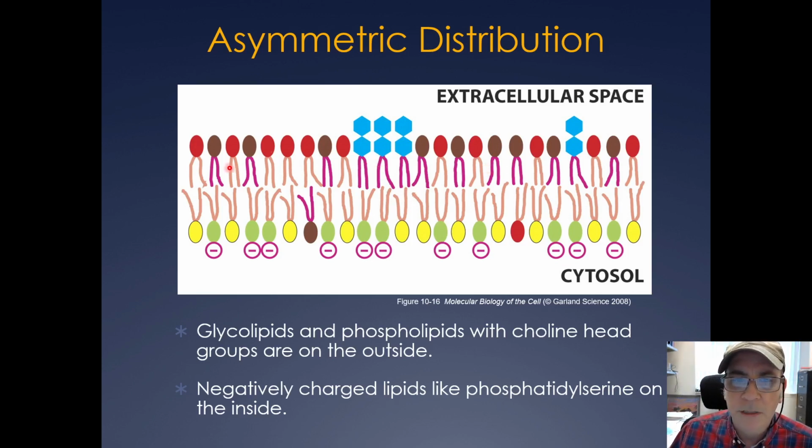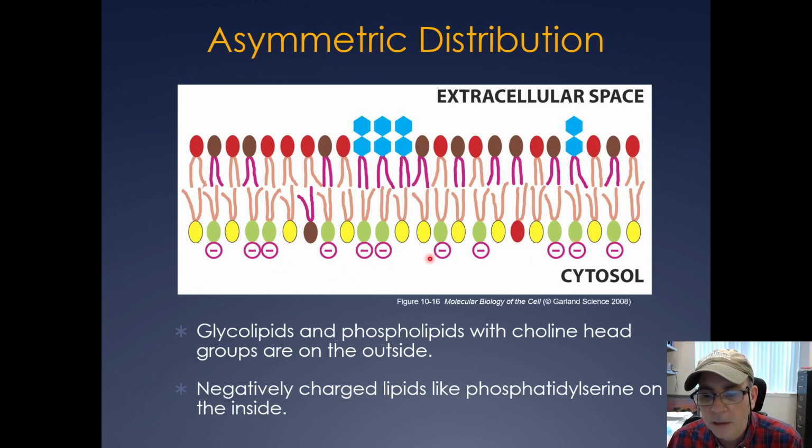Okay, so there's this asymmetric distribution. Here would be outside the cell, where you're going to have your phospholipids and your glycolipids, which we'll cover in a second. These are shown with the blue hexagons here. And then you have your cytosolic lipids, which tend to be negatively charged, like phosphatidylserine, on the inside.